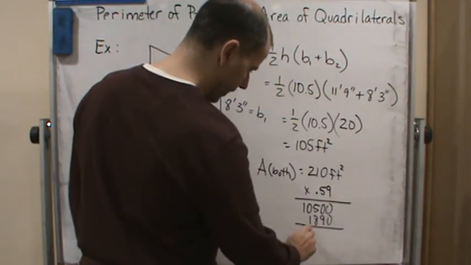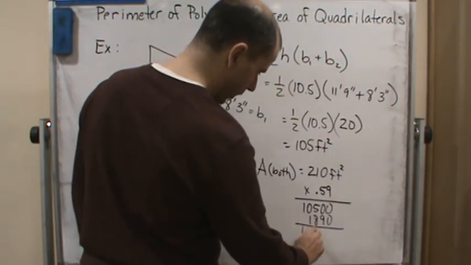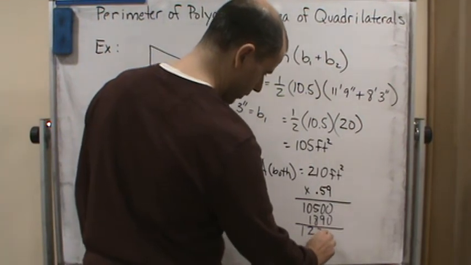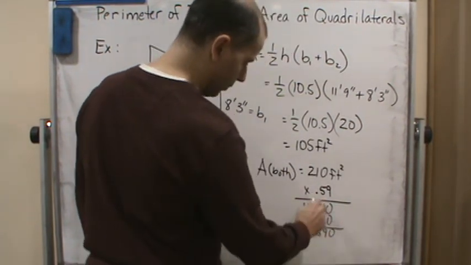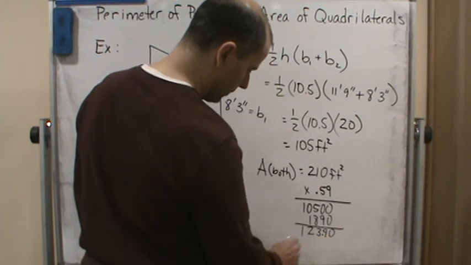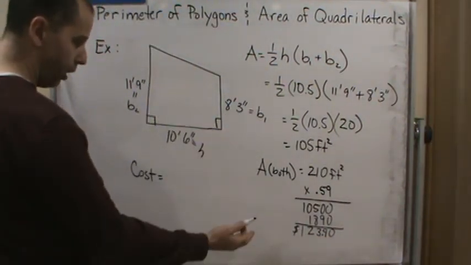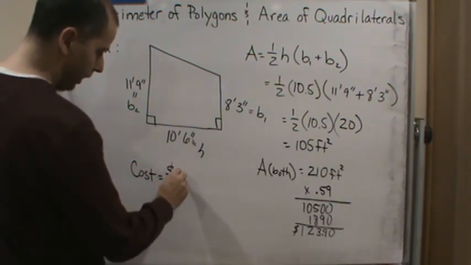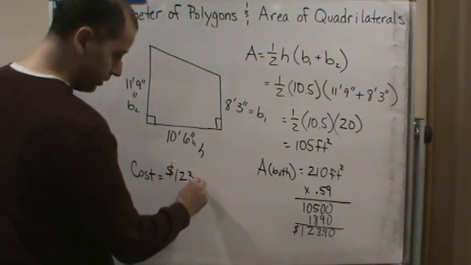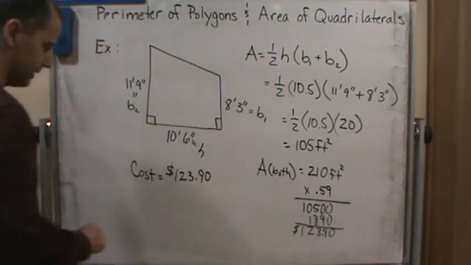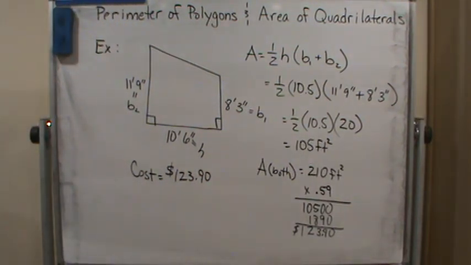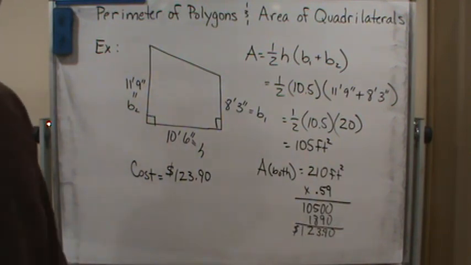And so we add that up, and we get 12,390, then we move 2 decimal places over. And so our final answer, the cost to do both walls, is going to be $123.90. And again, there's nothing wrong with just putting it in your calculator and getting the answer. Okay? That's it. Have a great day.